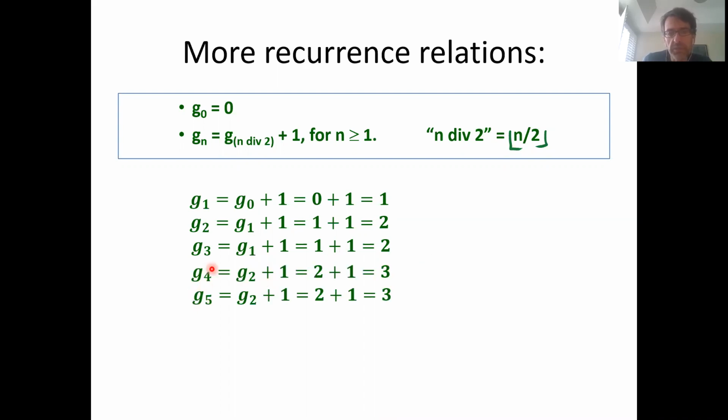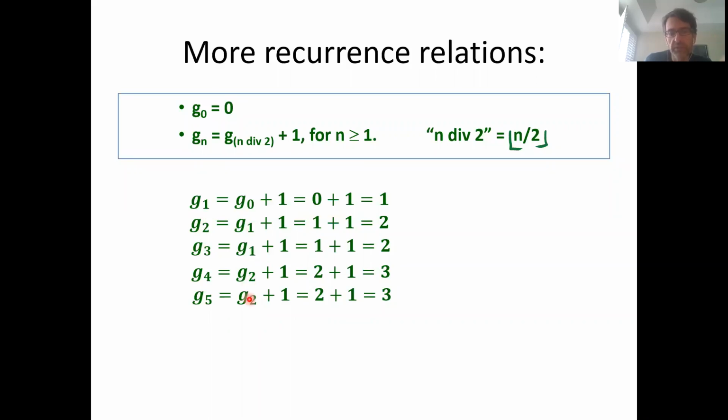What are the next two? Basically we can notice that this guy will be the same as this guy. Why? Because 5 div 2 is the same as 4 div 2, right? Because this is 2.5 and this is 2, so the floor is the same. So they both are defined in terms of G2, just like these two were defined in terms of G1.